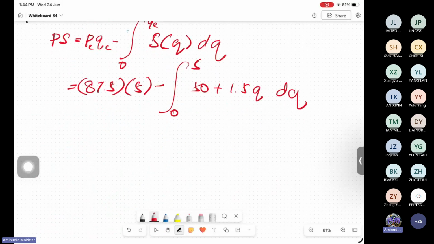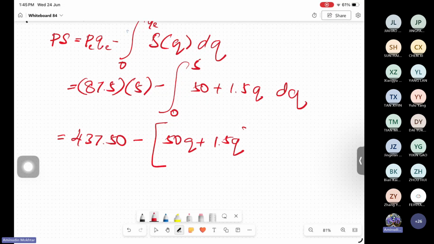Okay, so now we can solve this equation. It is 437.5 minus, okay, this part is the definite integral, 50Q plus 1.5Q to the power of 2 divided by 2, from Q0 until Q5.